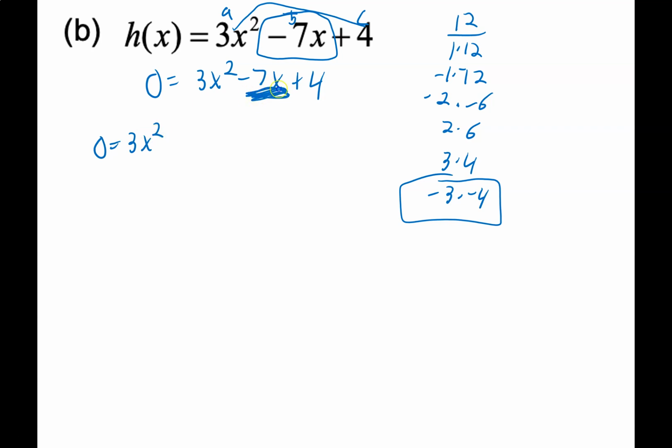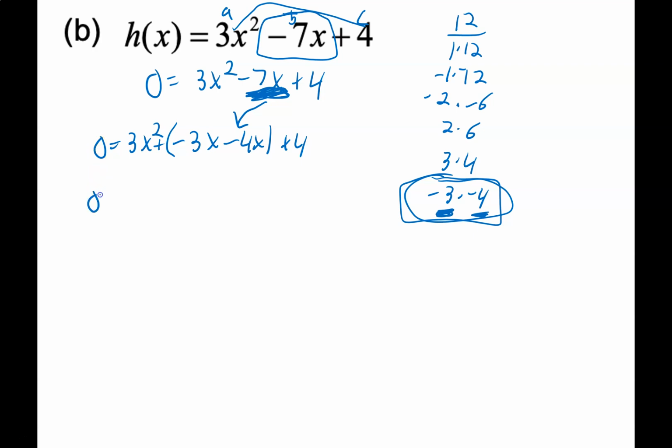Instead of saying this 7x, I'm going to use this -3 and this -4. I'm going to break it as a -3x minus 4x. So really all I've done is just rewrite the negative 7x as negative 3x and negative 4x.